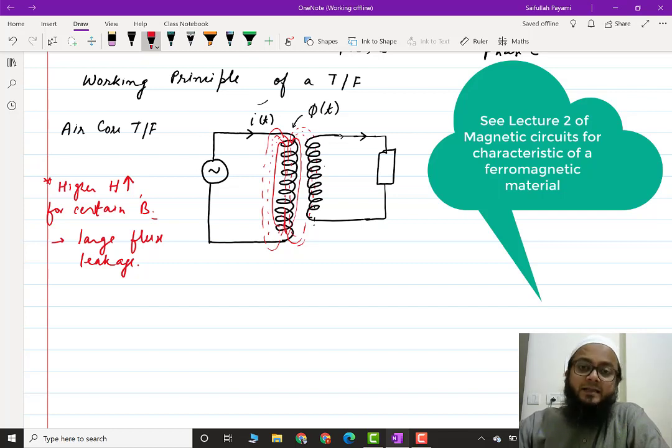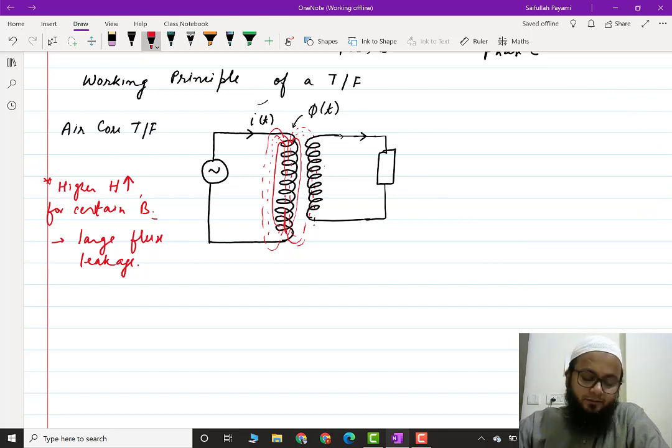There we have seen that the ferromagnetic material has a high relative permeability, and because of that it has a very low reluctance, and it easily allows the flux to pass through it. Okay, and it requires minimum effort there.